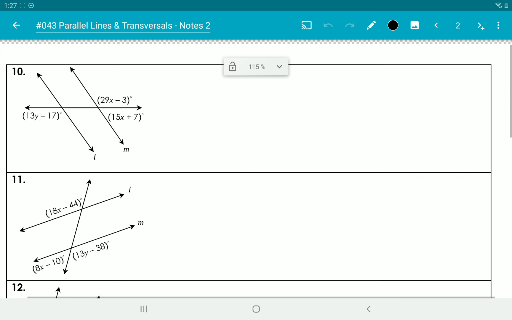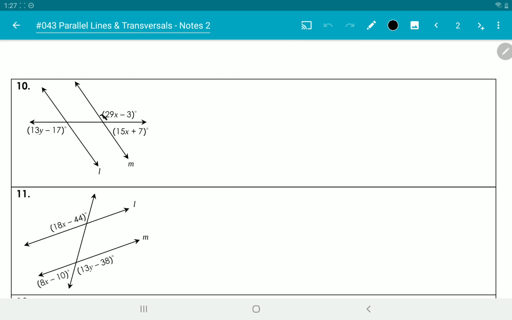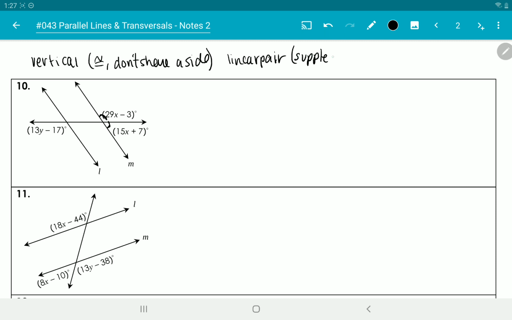So again, we're going to start out looking at the ones that have the same variable. These two have x. You can see that they are on the same intersection, so they are either going to be vertical angles, which are congruent and don't share a side, or they're going to be a linear pair, which are supplementary, and they do share a side.